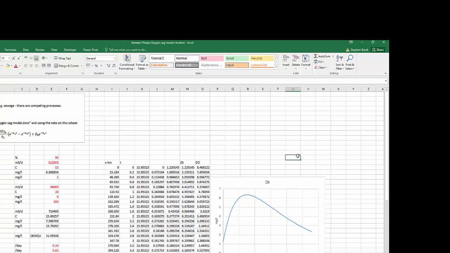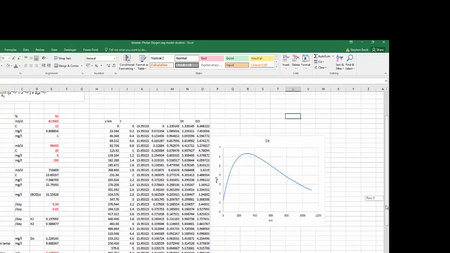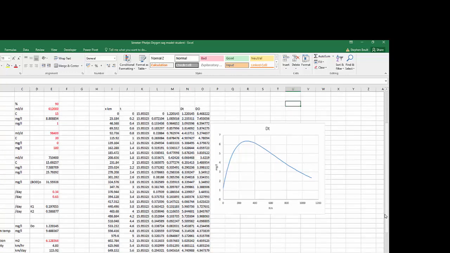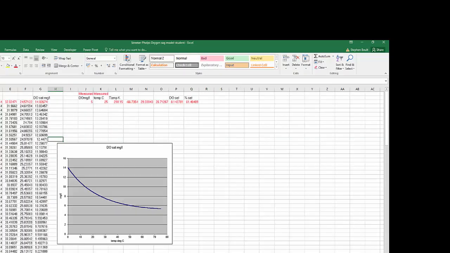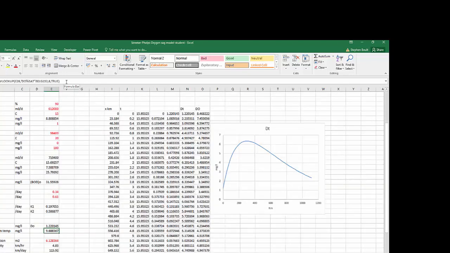So we can plot a graph of deficit against distance, and the other thing we might be interested in is considering the oxygen concentration rather than the oxygen deficit. And the oxygen concentration is the difference between the oxygen saturation and the deficit. The oxygen saturation, again, has been taken from the saturation table using VLOOKUP.